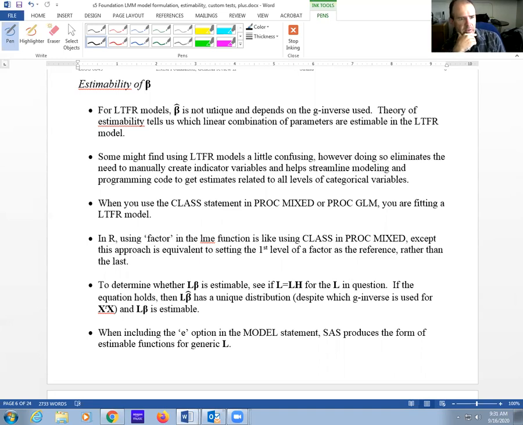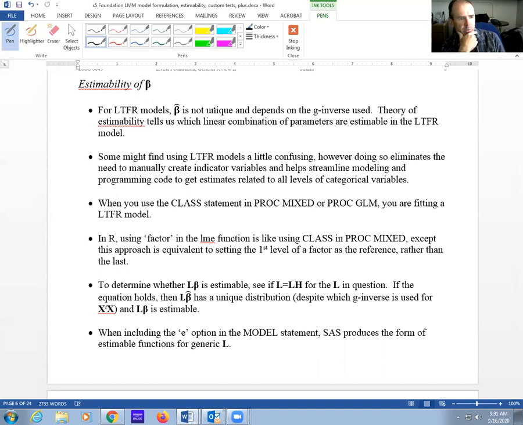Well, by using the less than full rank model, which is actually what's done, I know that's what's used in SAS and probably in R as well, then you don't need to worry about manually creating indicator variables. You can just put in a class variable for race or gender or group, and that linear dependency is going to be taken care of by using a generalized inverse.